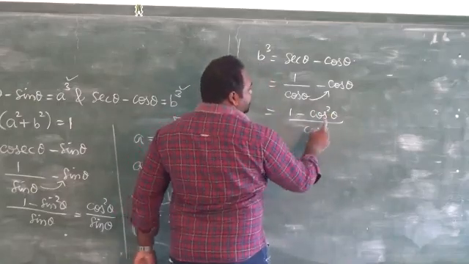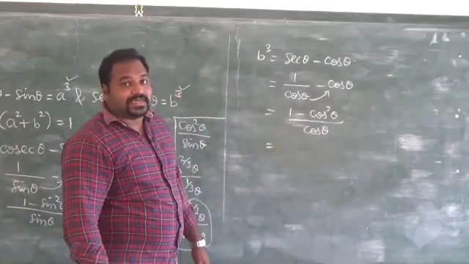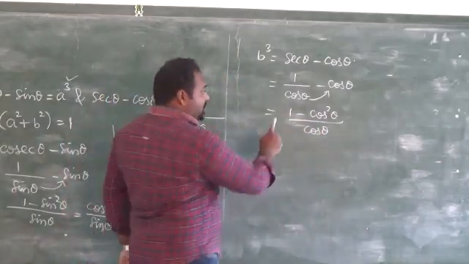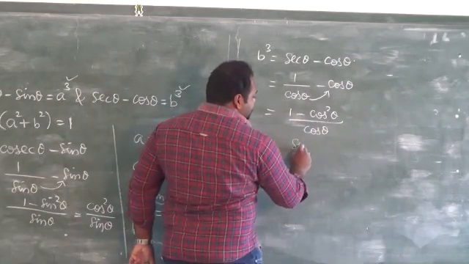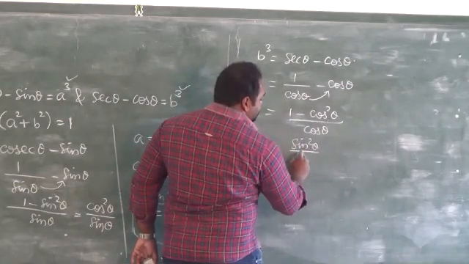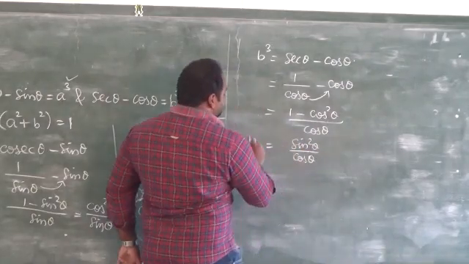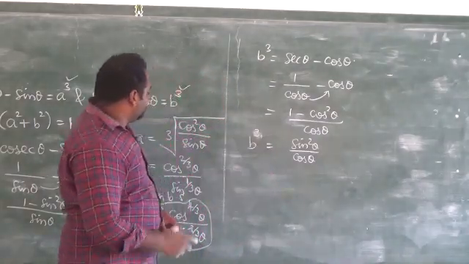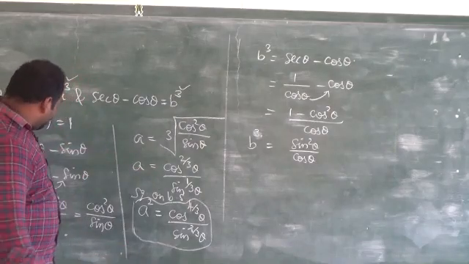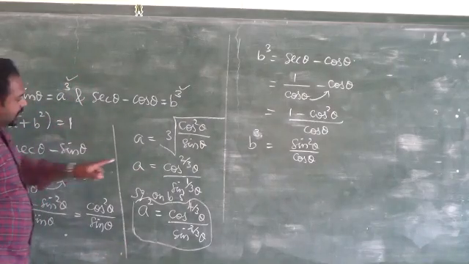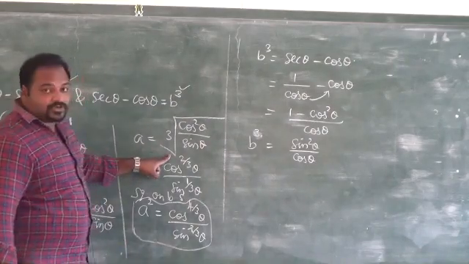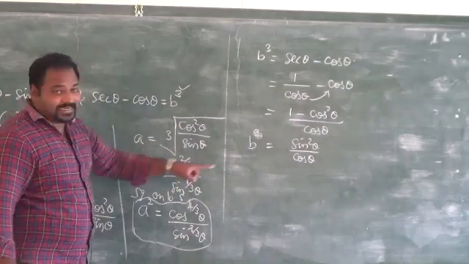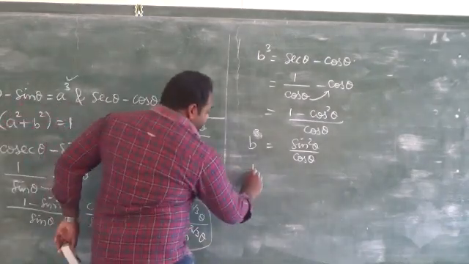Same like that, 1 minus cos square theta is sin square theta by identity. So it is sin square theta by cos theta. This is the b cube value. I told you already, we have done this. So from b cube, I just take the cube root of the right hand side, because we need only the b value.